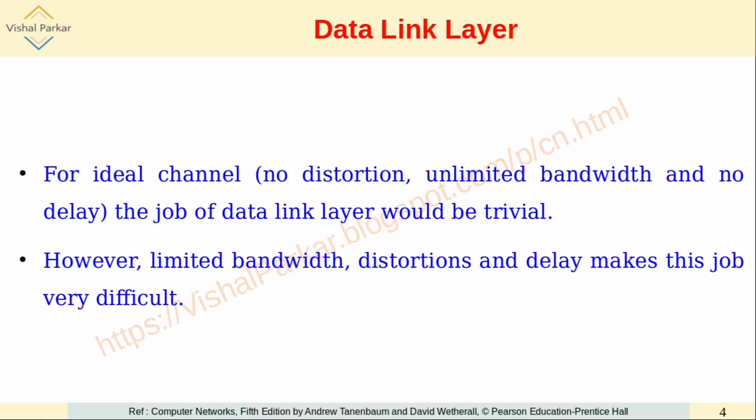Reliability would be required when there are errors, but here there are no distortions, no errors. Make it efficient. Here the unlimited bandwidth is there, so there will be no speed gaps, no delays introduced, and that's why the job of the data link layer, which is basically providing these solutions, in that context will not be that much required, and is said to be trivial. The job of the data link layer is said to be trivial here.